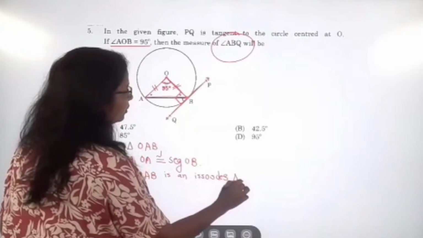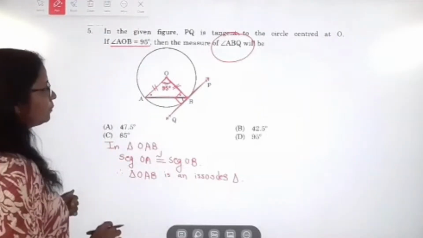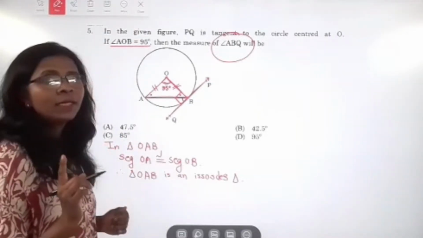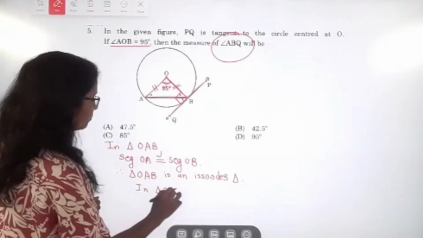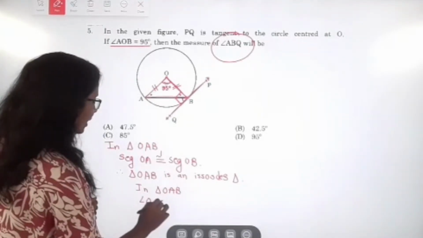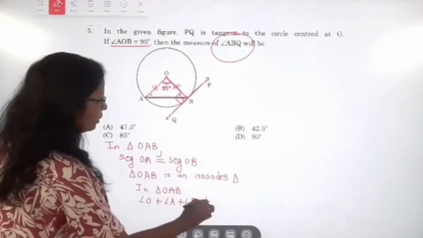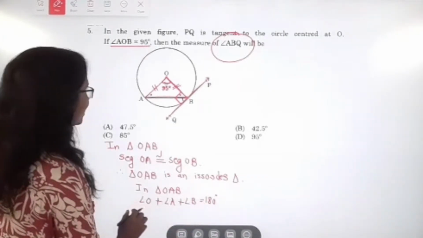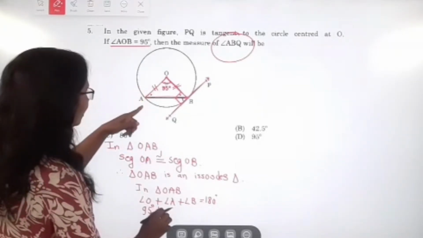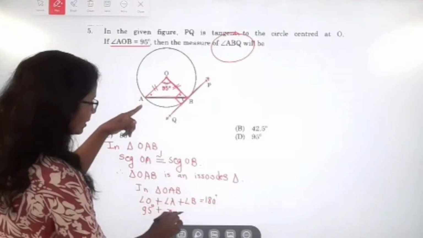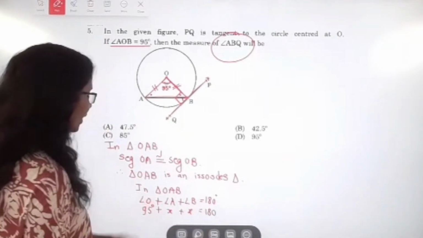Okay students, and here we can apply the angle sum property. So here we write, in triangle OAB, angle O plus angle A plus angle B is equal to 180 degree. So now here students, angle O is 95 degree. We can consider angle A as x and angle B as x, because these are the equal angles. So x plus x.